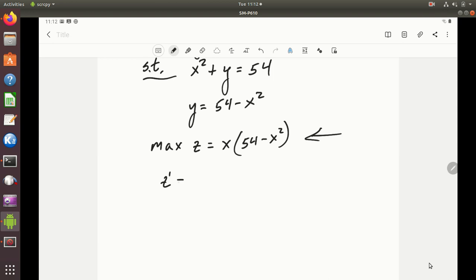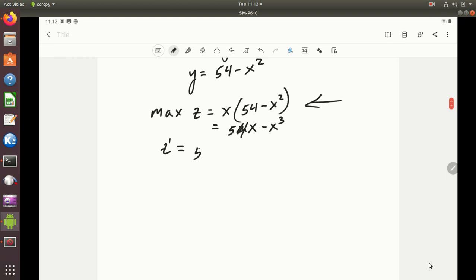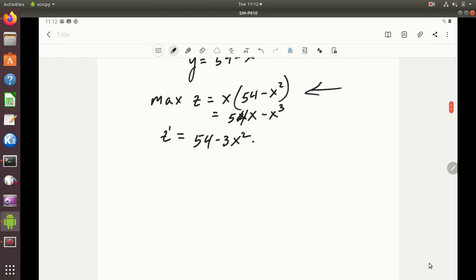First thing, find those critical numbers, z prime. Oh, well, let's make that 54x minus x cubed. So I get 54 minus 3x squared. I want to set that equal to 0 to find my critical numbers. So I have 3x squared equals 54. x squared equals, 3 goes into 54, I think 18 times.